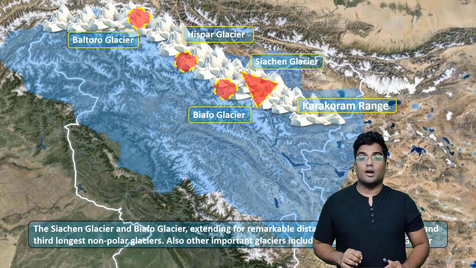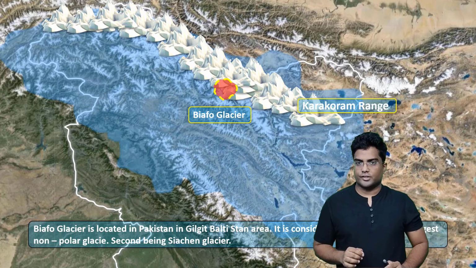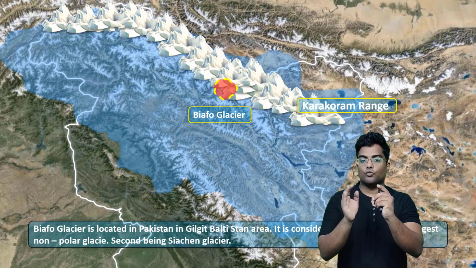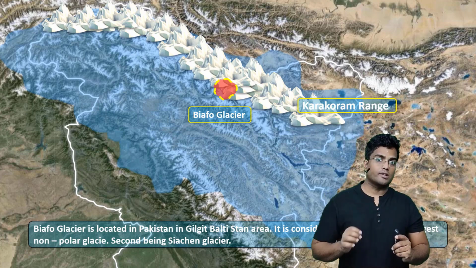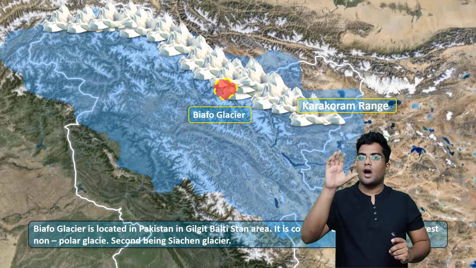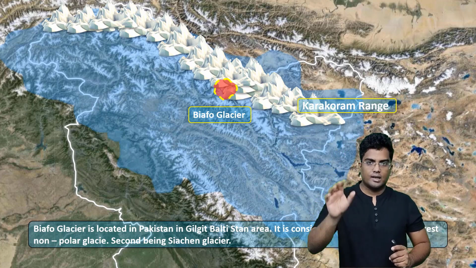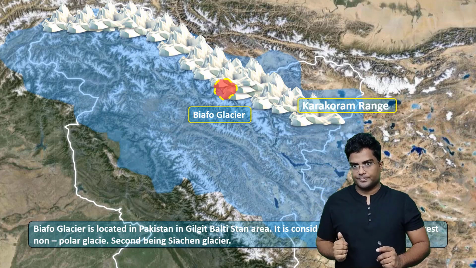Let's have a look at Biafo Glacier. So this is Biafo Glacier, and it's considered the world's third largest non-polar glacier. As I mentioned, there are big glaciers in the polar parts, the Arctic and Antarctic.